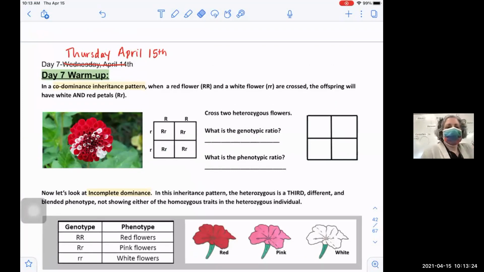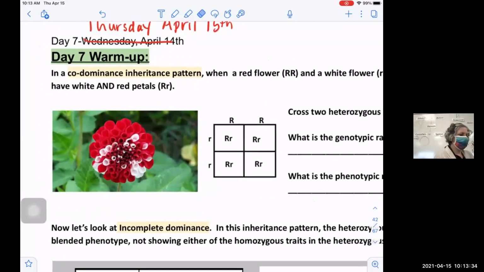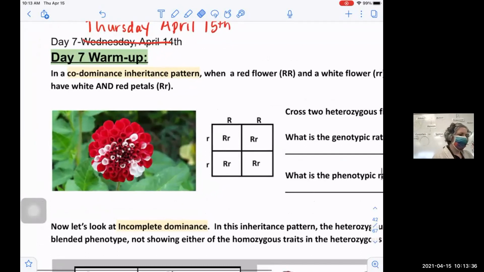All right, so in our warm up here, we're just practicing the 2 things we just went over, codominance and incomplete dominance. So this first example here is a codominance inheritance pattern. When we cross a red flower, big R, with a white flower, all of the offspring are a phenotype that has both red and white petals.